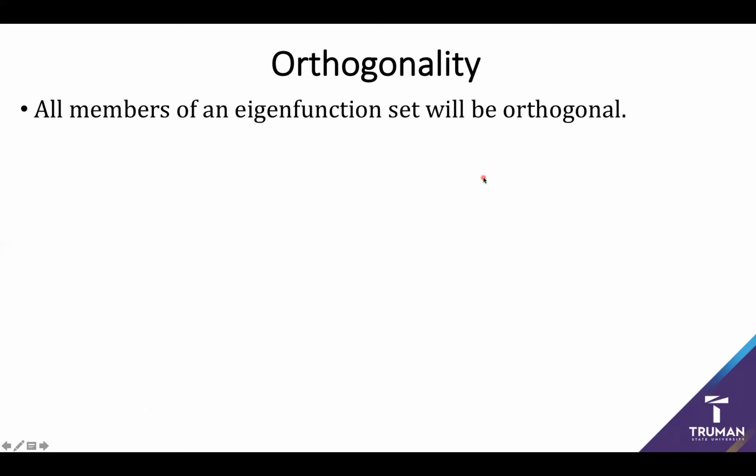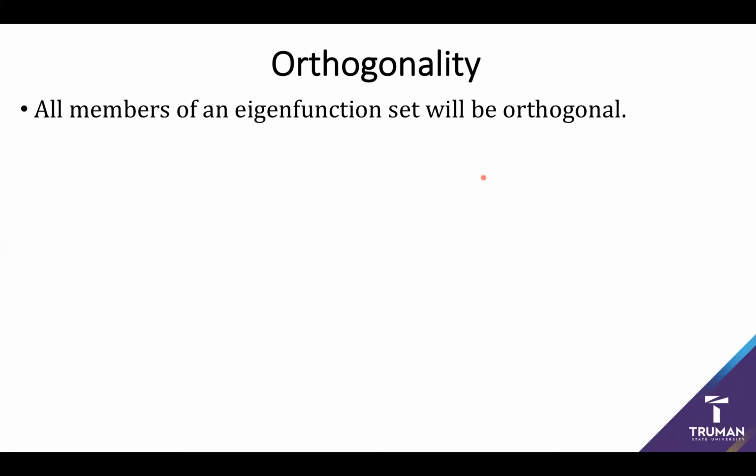And so this leaves us with a wonderful general expression for any members of an eigenfunction set. As long as I've got any set of eigenfunctions of a common operator, they will all be orthogonal.